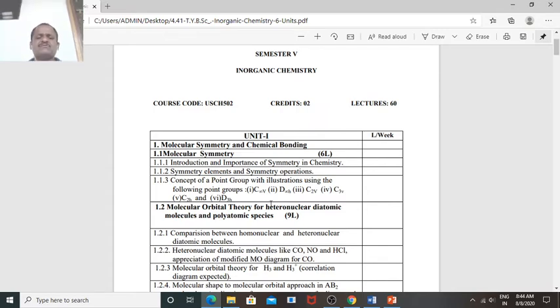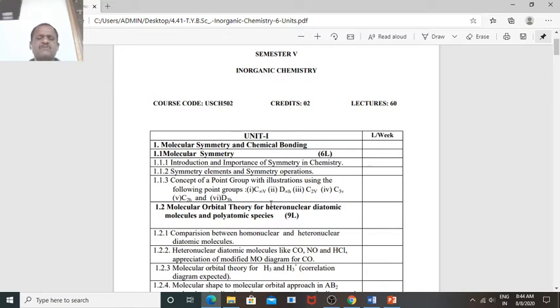Diatomic molecule means two same atoms combine to form a molecule. But here we want to study some heterodiatomic molecules also, like CO, CN, HCl, and how molecular orbital theory is used to understand the formation of such molecules. So we will discuss that.